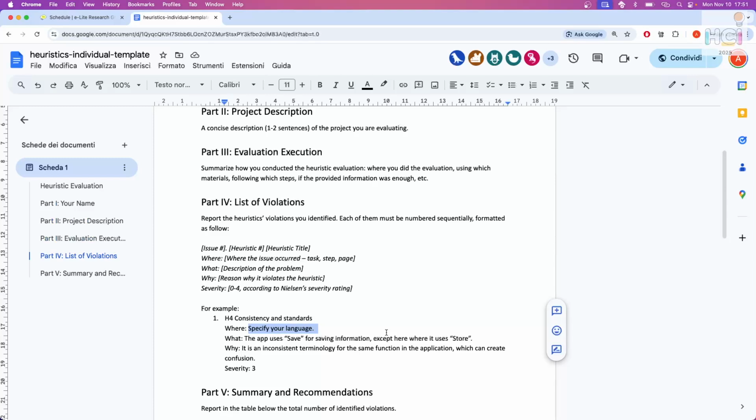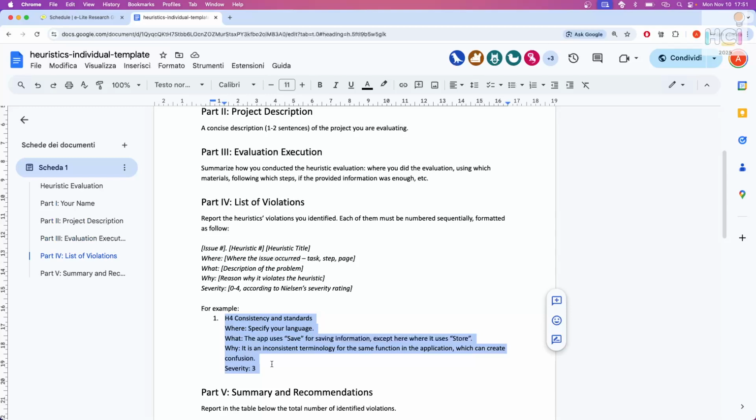So the classic example of using a different label for the same action. Why? It is an inconsistent terminology for the same function in the application, which can create confusion. Severity rating 3. Okay? This is just an example. So you will likely find 10, 15 violations of this type.